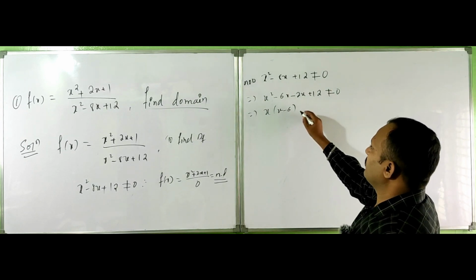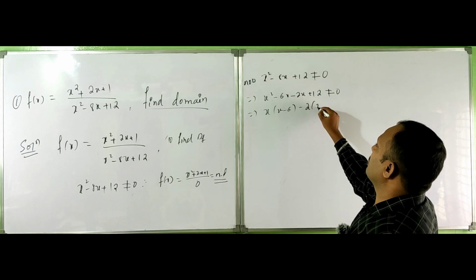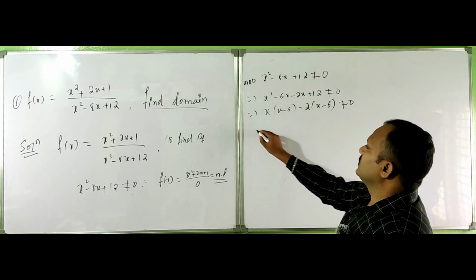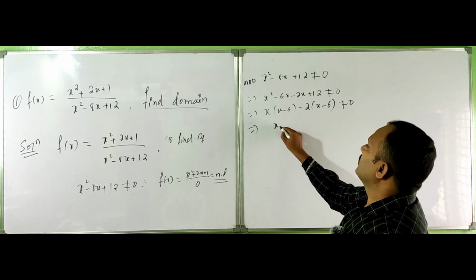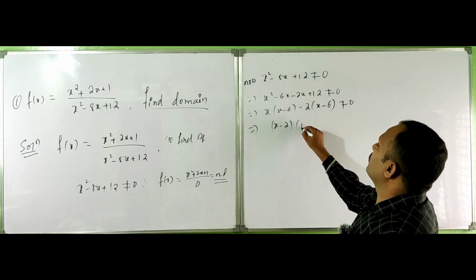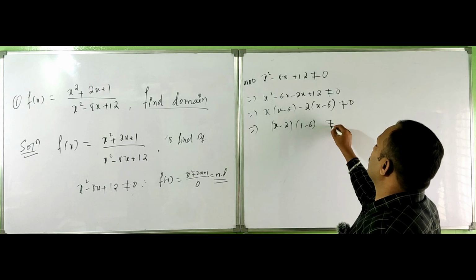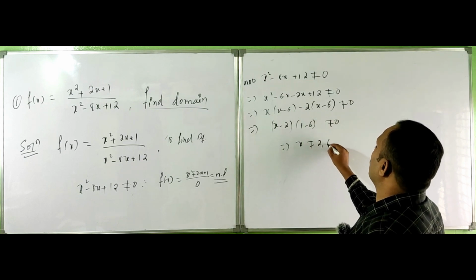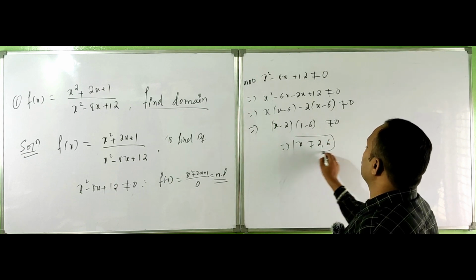Again I am taking x as common and the remaining is x minus 6, and x minus 2 is not equal to 0. This implies x not equal to 2 and 6, right?